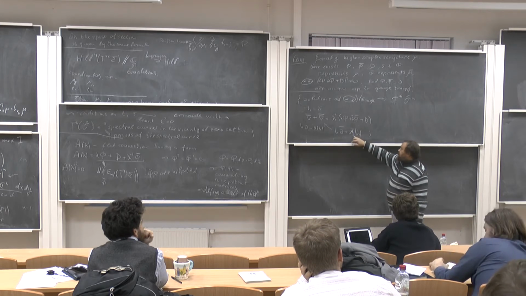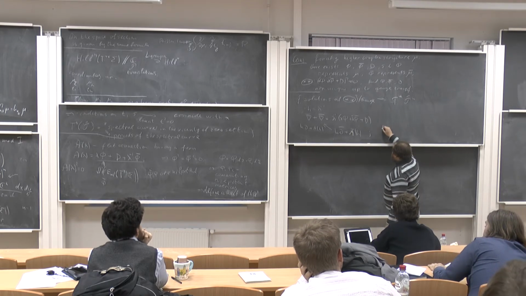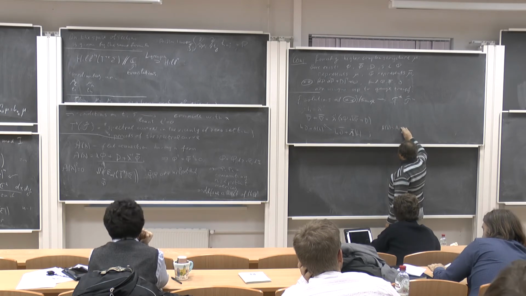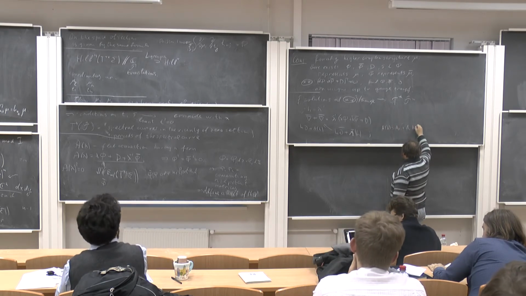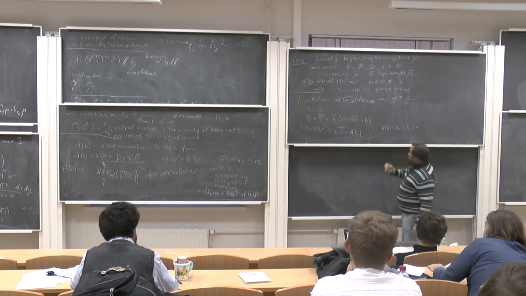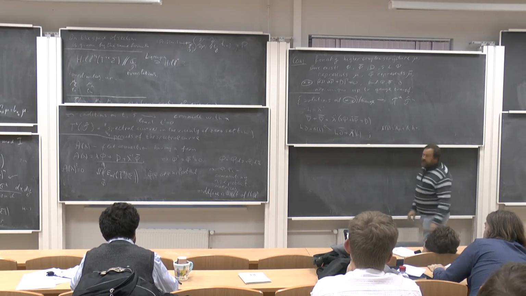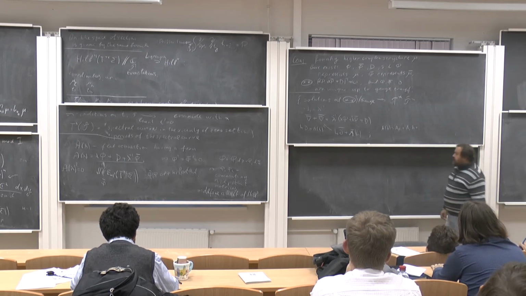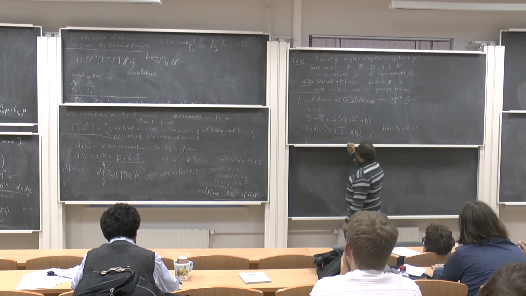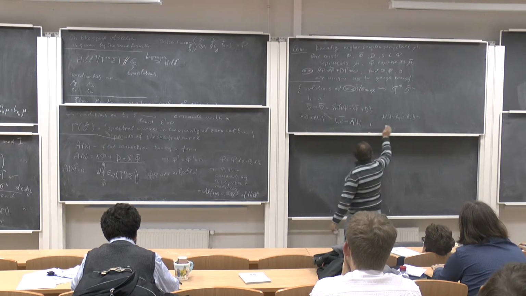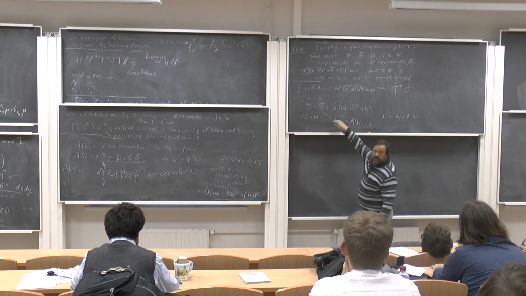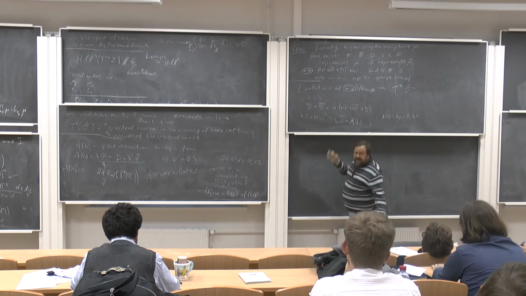So A of h is A0 plus A1 h plus etc. The first non-zero term will be with h to the zero. So for h equals 0, it's not a connection, it's just an operator. For h higher, it's a connection.